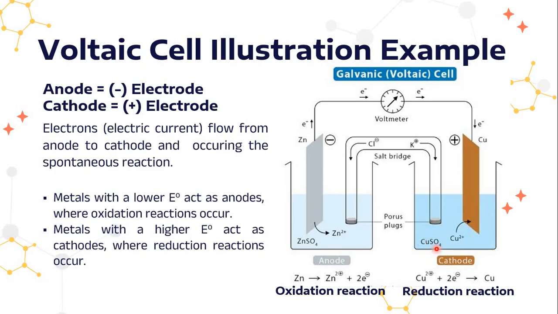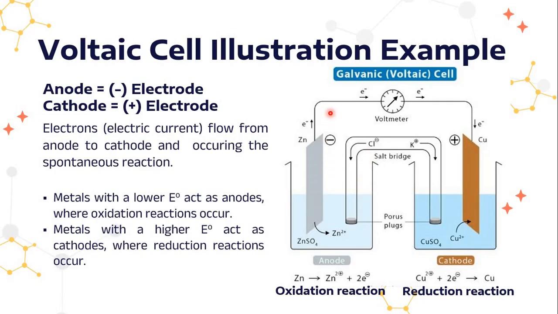The electrolyte solution is copper(II) sulfate, which contains copper. So this is the arrangement and the diagram of a voltaic cell.